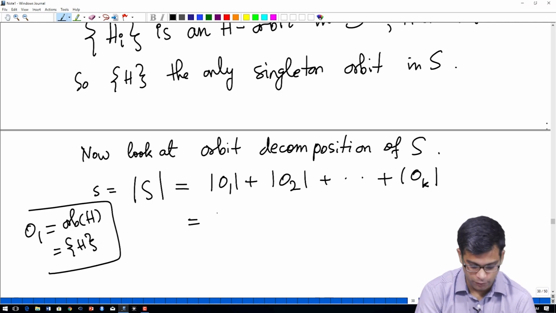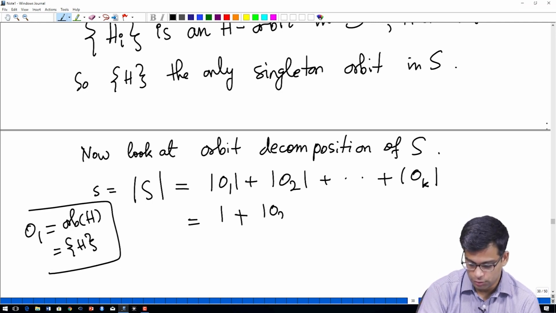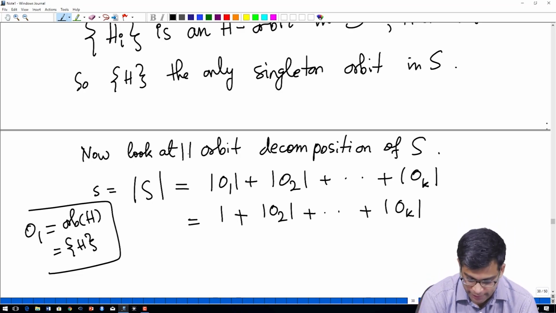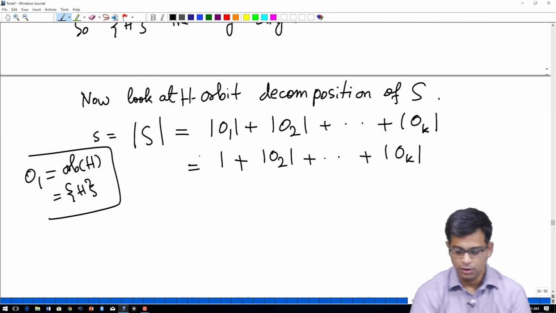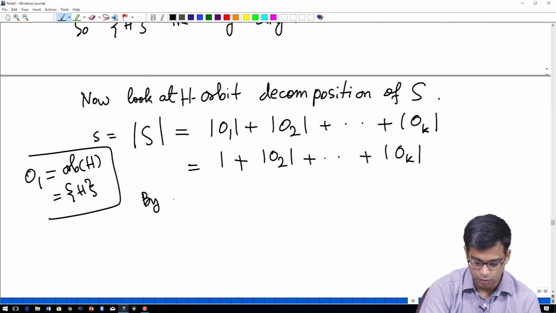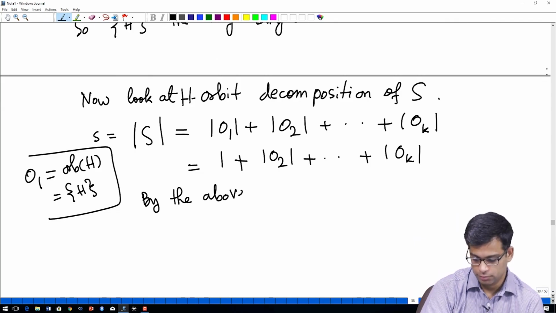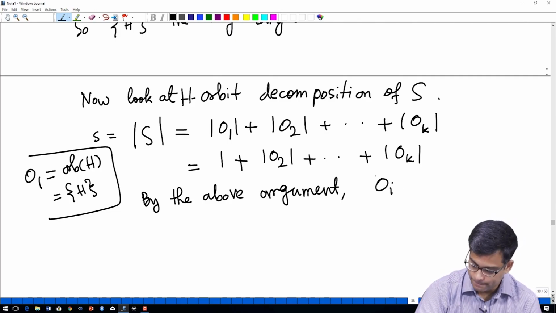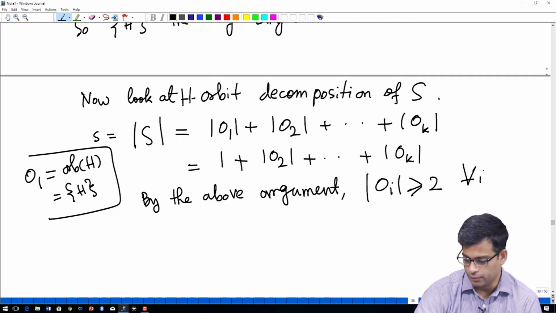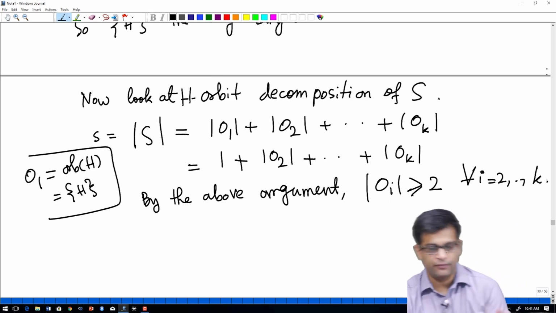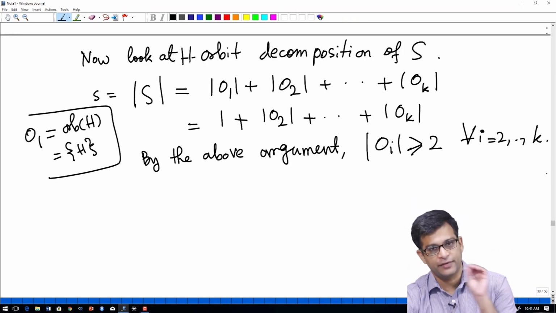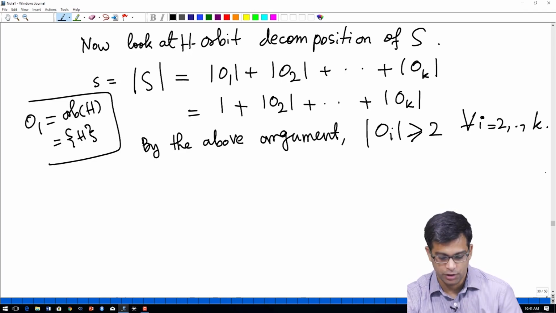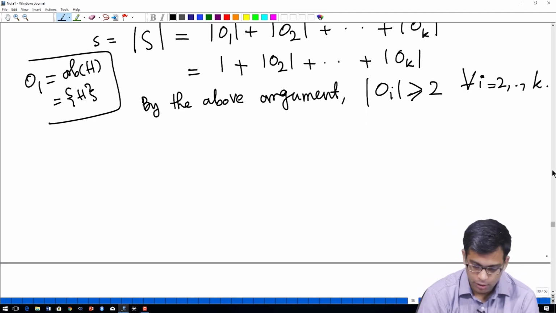So the order of O_1 is 1, plus the order of O_2, plus up to the order of O_k. Here of course I am looking at the H-orbit decomposition, and by the above argument, the order of O_i is at least 2 for all i from 2 to k. So every other orbit has at least 2 elements, because if it has only one element, it must be H, which we have already accounted for.